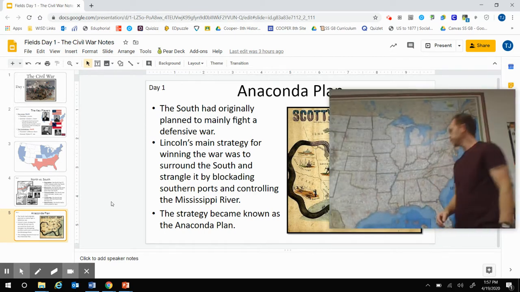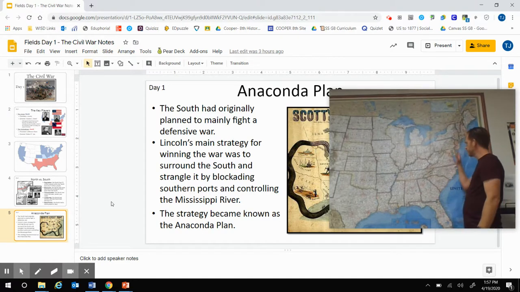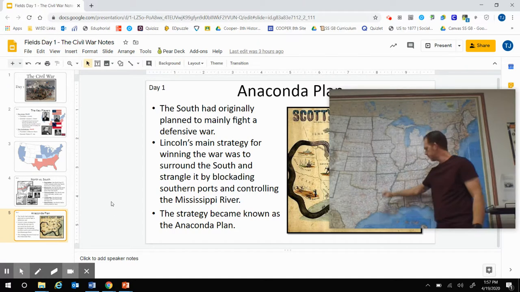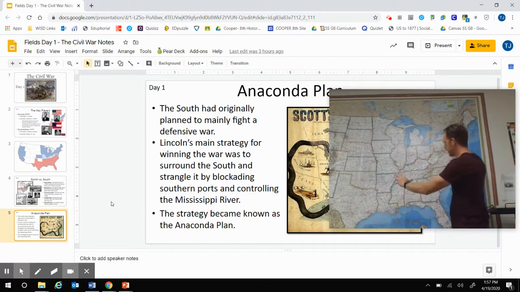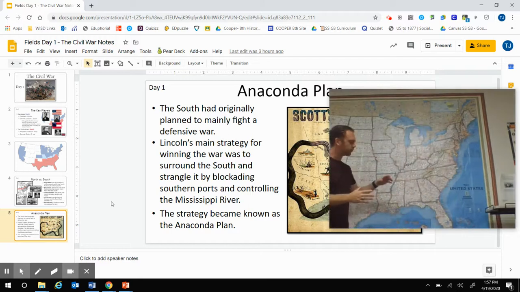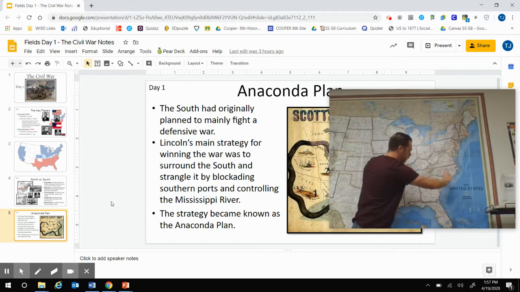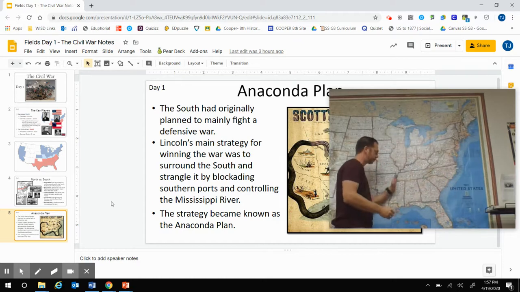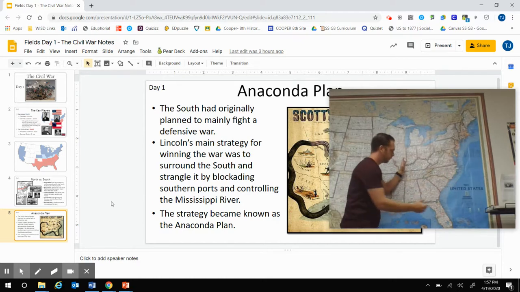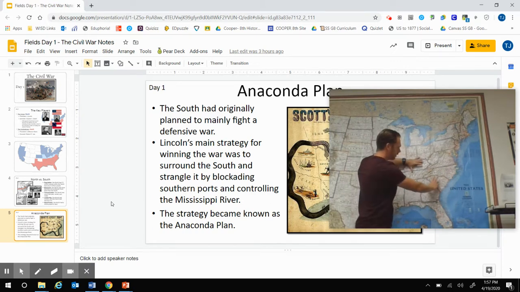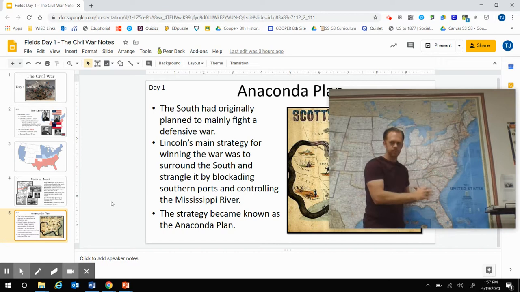Okay, so you see here, this is the South, and the Northern plan is to set up a blockade all the way around. And if they can get that blockade set up, eventually the idea is we're going to do just like a snake does to its prey, and we're going to squeeze the life out of it. We're just going to squeeze. So if we can take control of the Mississippi River and we can take control of this border over here, we're going to squeeze in on the South and eventually make them give up.